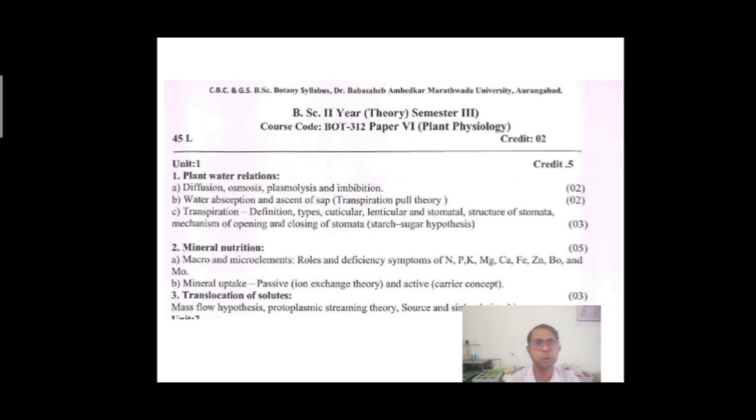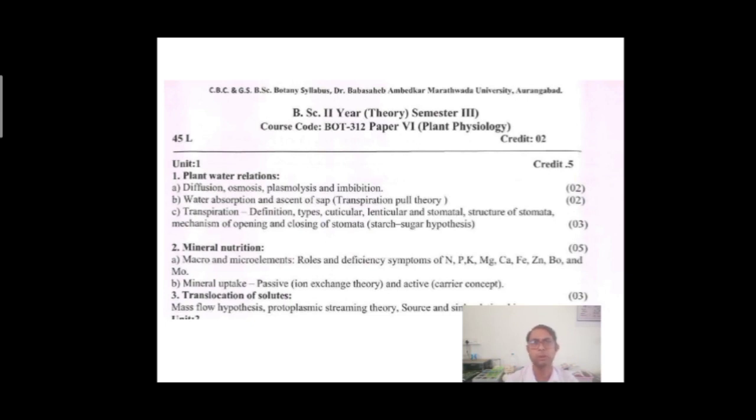Plant water relation has different terminologies, for example diffusion, osmosis, plasmolysis and imbibition. These terminologies are helpful in understanding the movement of water within the cell and outside of the cell.